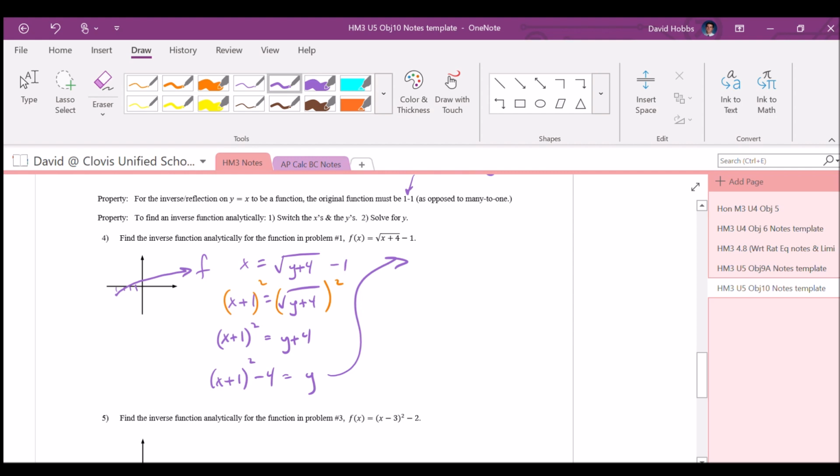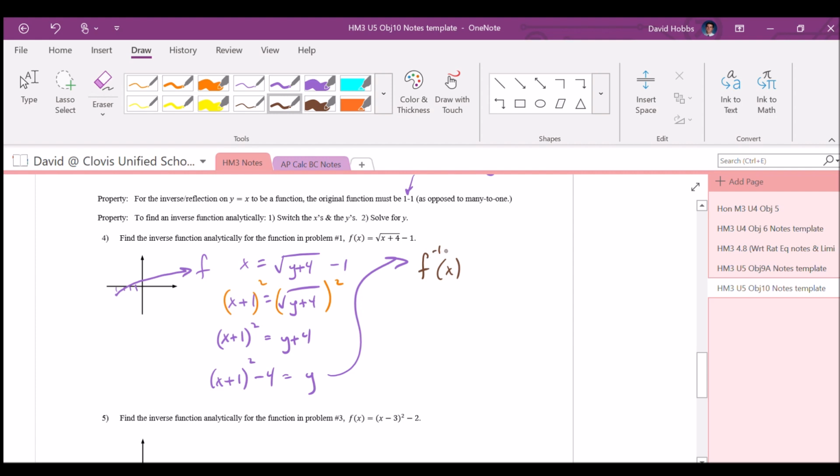Okay, and now we know, because this f was one-to-one, that my inverse is going to be a function. The inverse is going to be a function. And so since I know it's going to be a function, and this one's name was f, there is notation. Instead of calling it g of x, we actually call it f to the -1 power of x. So since the original was f, this is the notation for inverse function of f.